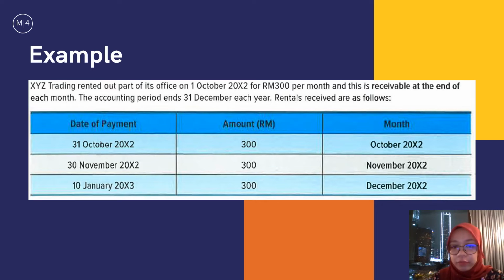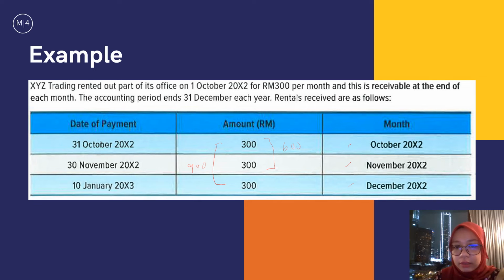For November it did receive on 30th November, but for December it received on 10th January 20x3. It should have been received on 31st December 20x2, but the client doesn't pay until 10 January 20x3. So the total payment received is only 600, but we have to recognize our income up till 900, for October, November and December of this year.